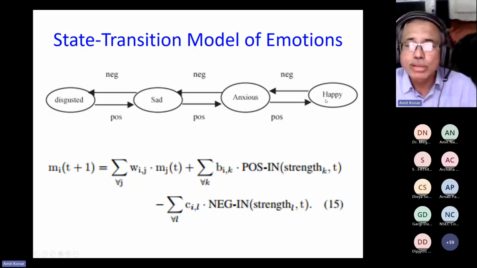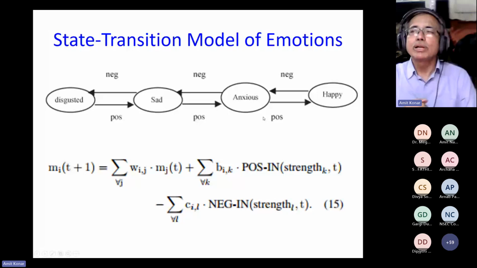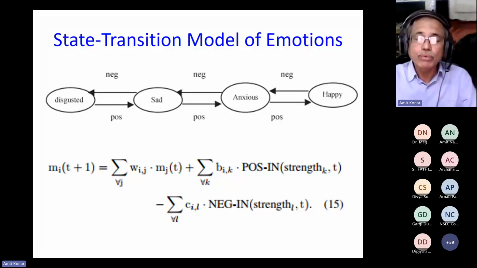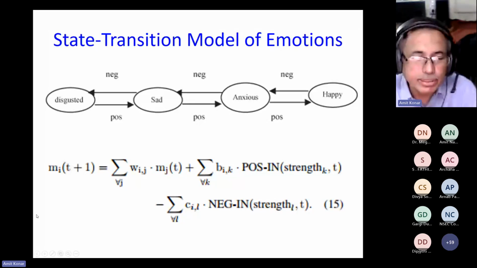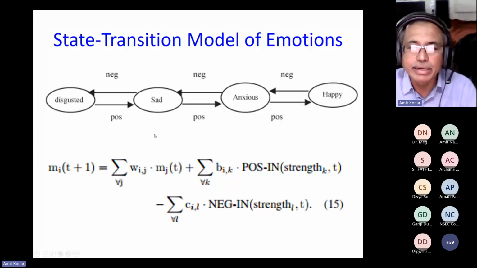So this is a very basic model of emotion we collected from humanities and psychology literature. Then at any time, the ith emotion, we have basic 6 emotions. I have shown you only 4 because of lack of space, but there are 6 basic emotions. These are the basic 4, and relaxed is one, and another is angry.